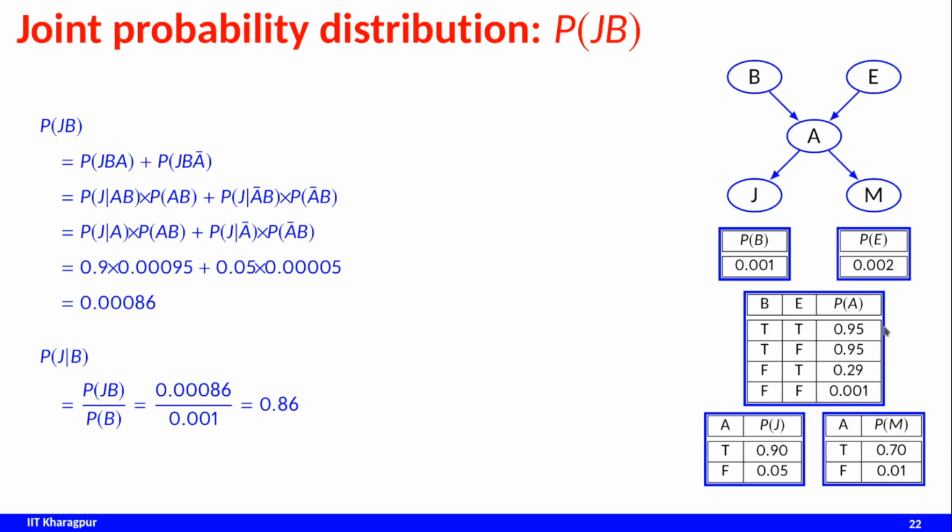So I can say that John calls given the burglary is 0.86, which is good enough: if burglary happens, then John actually calls the police, with a high probability. Which is somewhat logical.